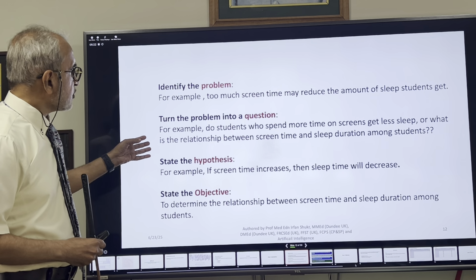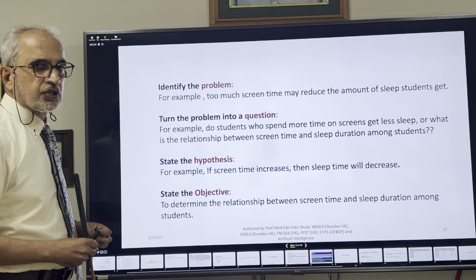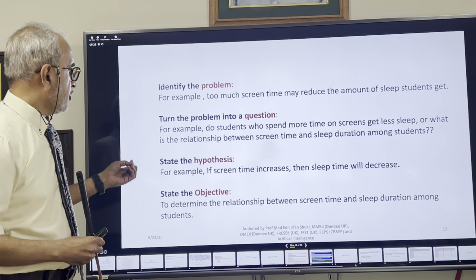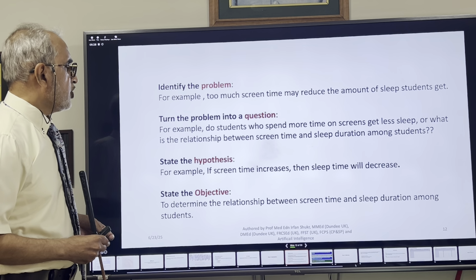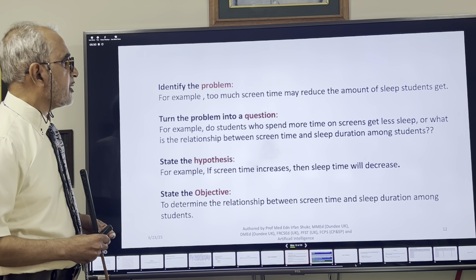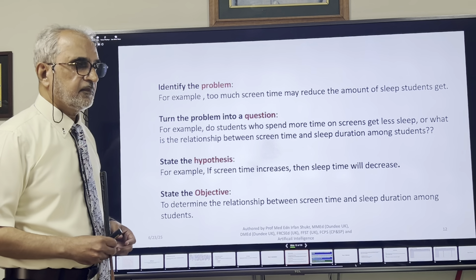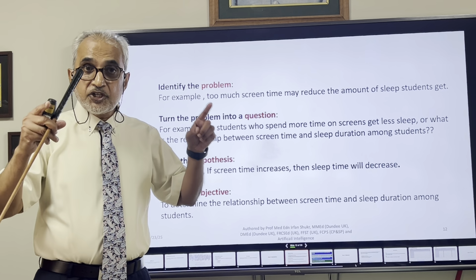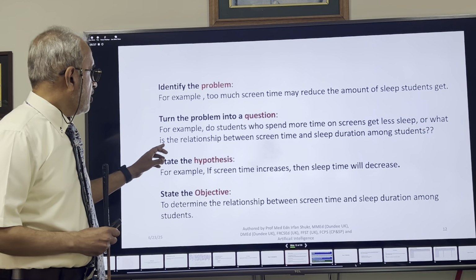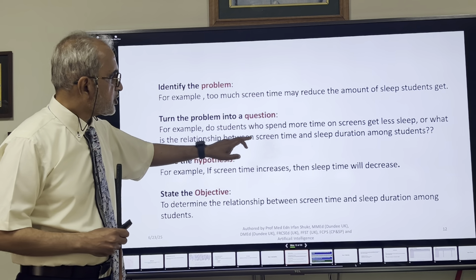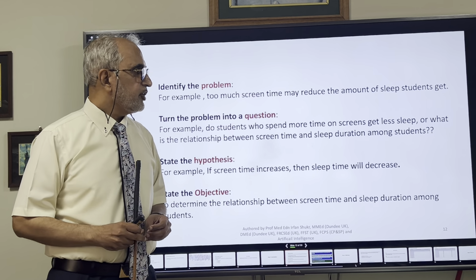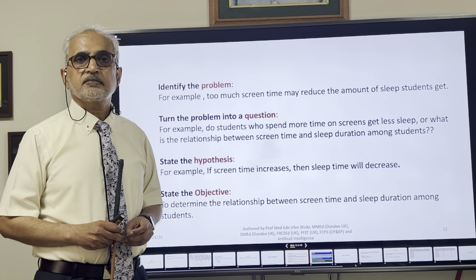Now, the second thing is to turn the problem into a question. So, in this case, do students who spend more time on screen get less sleep? Or if I write it as a question statement, it would be, what is the relationship between screen time and sleep duration among students?